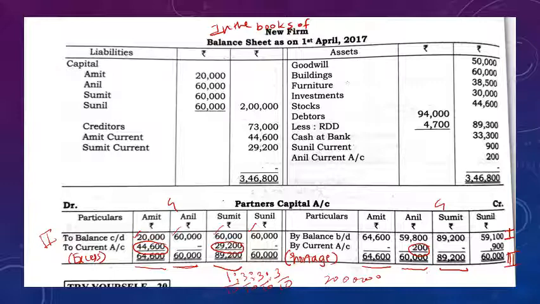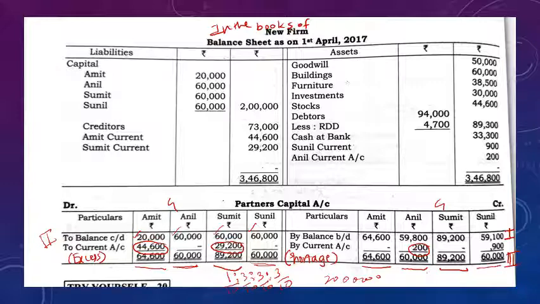Further, cash and bank total of both the firms, and lastly the current account debit balances will be written here. Write into bracket debit balance. So this denotes loss. This is not an asset, this denotes loss for both the current accounts, 900 and 200. Let us take the total again.